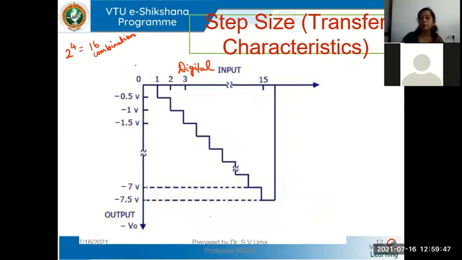The digital input, this corresponds to 0, 0, 0, 0. This corresponds to 0, 0, 0, 1. This corresponds to 0, 0, 1, 0. Like this, all the 4-bit digital input values will be given here along the x-axis. And if I number them, they will range from 0 to 15.